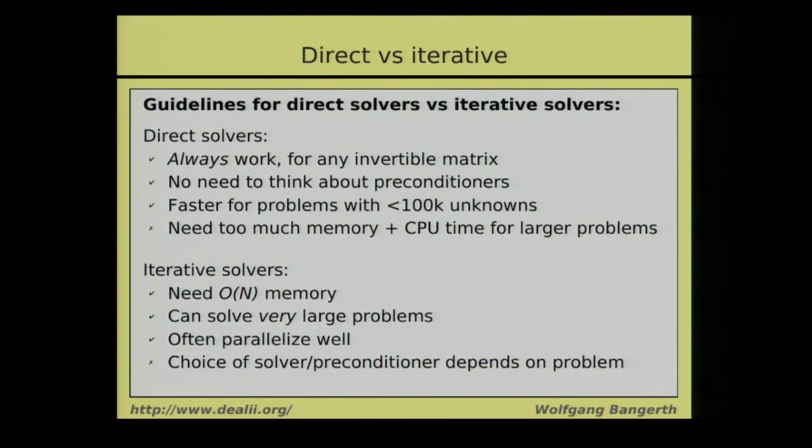The other sort of consideration you might have for this trade-off between direct and iterative is this. Direct solvers always work. You don't need to think about preconditioners. You don't need to think about which solver to use. They always work. They're also, and that's something that we don't often talk about in numerical methods classes, actually faster for most problems that have less than 100,000 unknowns.